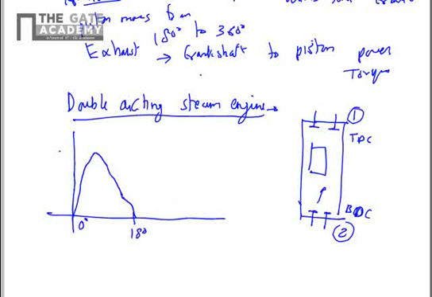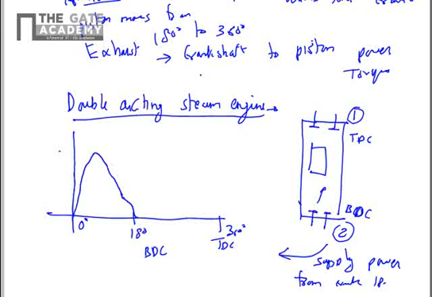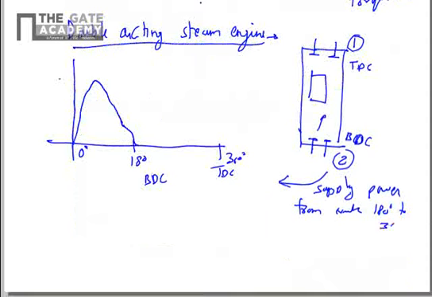But when it starts moving again from BDC to TDC, that is 360 degree, this time piston 2 will supply power. So side 2 will supply power from crank angle 180 degree to 360 degree, in the return stroke.